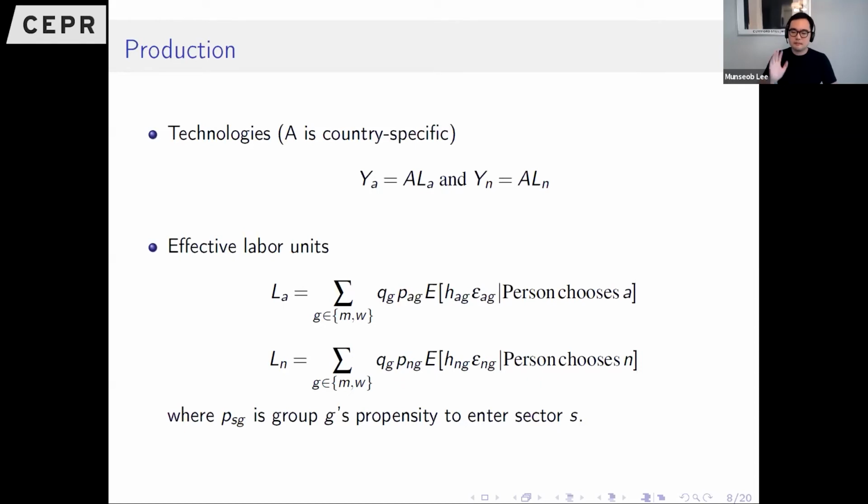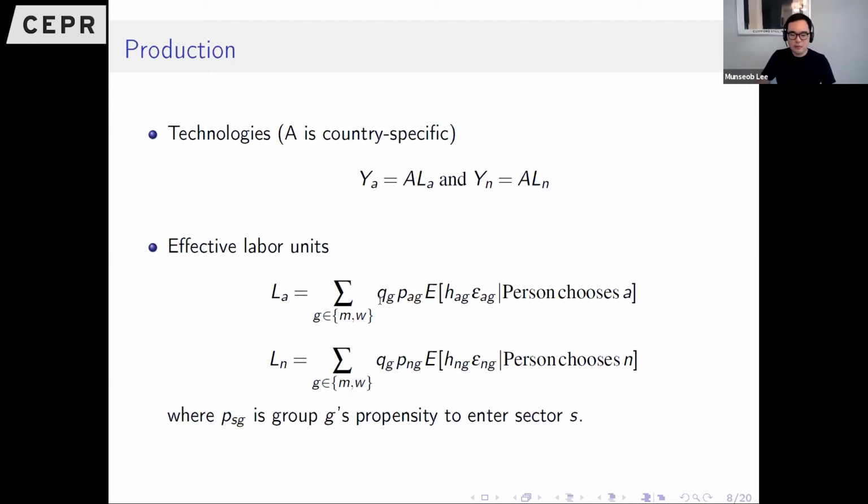The production technology is simple. I'm going to assume the linear technology. My model is mostly a labor supply model, so I'm going to basically simplify the labor demand side. There is a country-specific productivity, which is common across the two sectors. But then the labor is coming from the occupational choice decision.